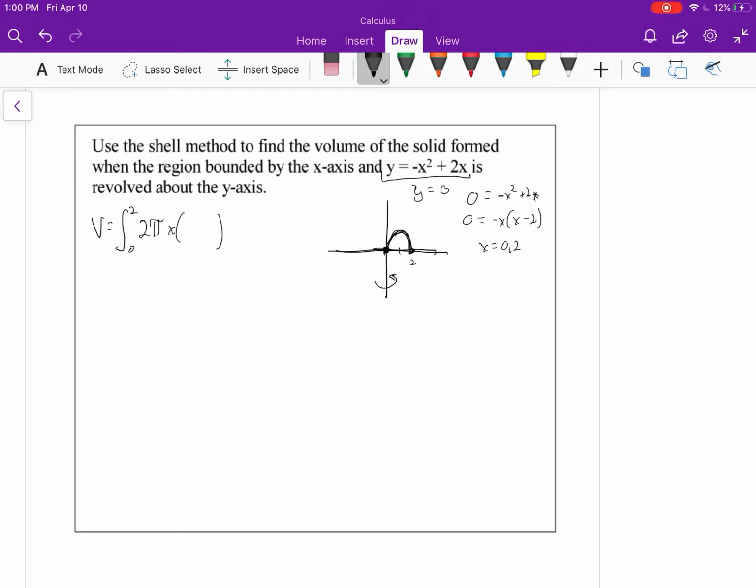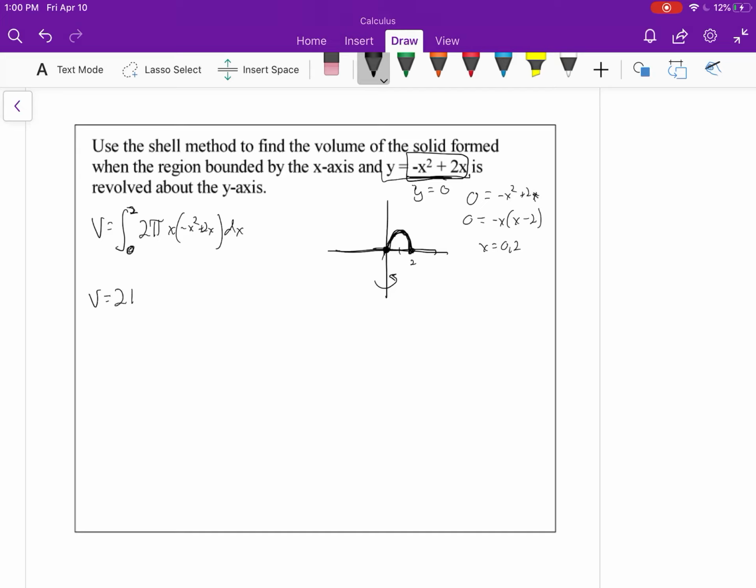So what function do we have here? That function is negative x squared plus 2x. And the thickness is going to be dx. And so it was very important in this case that we had to find the x-intercepts so we could find out what goes into these limit spots.